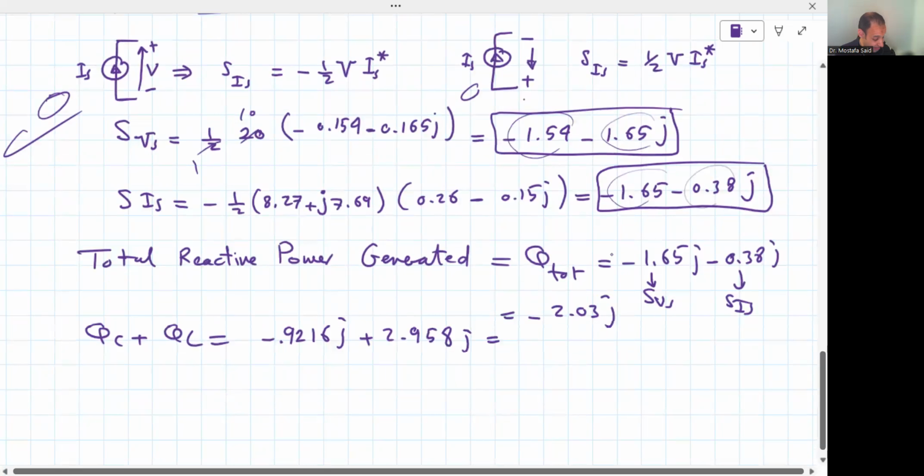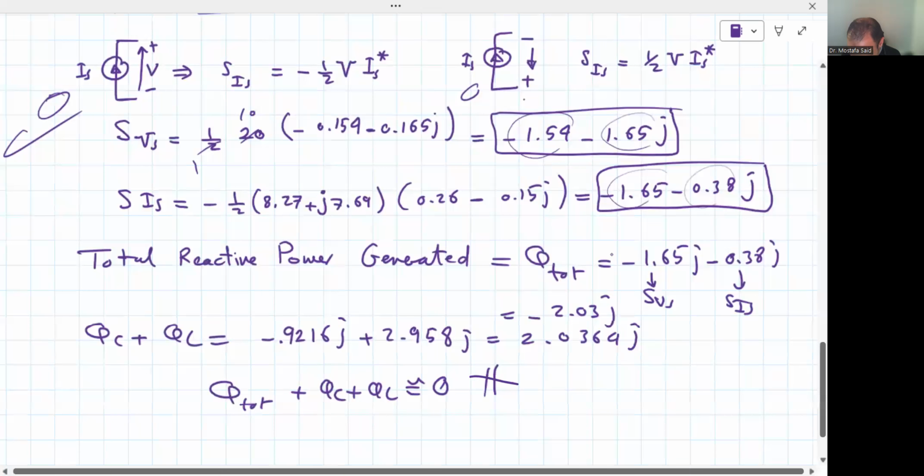It is positive 2.0364j. Now, if you add Q total generated plus QC plus QL, it's almost zero. That's conservation of the reactive or stored power.